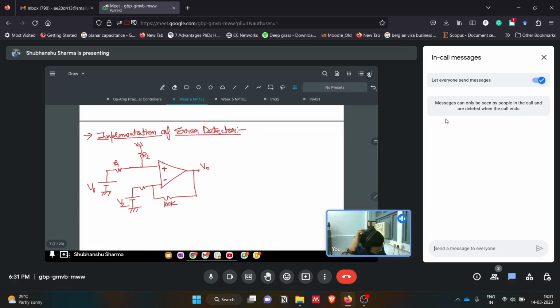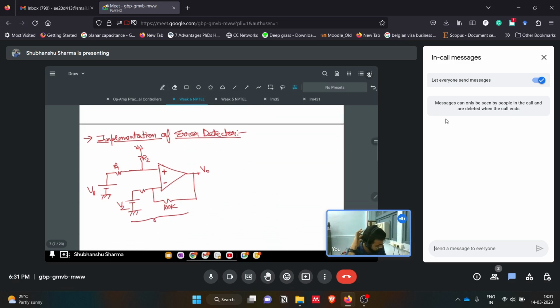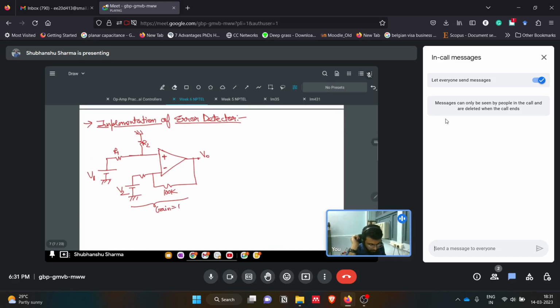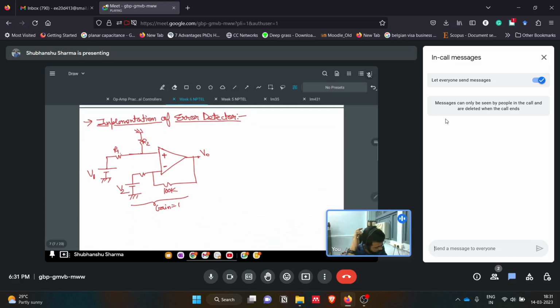Since this op amp has a gain of 1, this is a differential amplifier, and R2 equals R1 as we have taken. This is R2, this is R4, this is R3, right? So R3 equals R1 and R2 equals R4. So R3 equals R1 equals R2 equals R4. Because of this, we are getting a gain of 1 in this case. So that's why the output will simply be V1 minus V2.